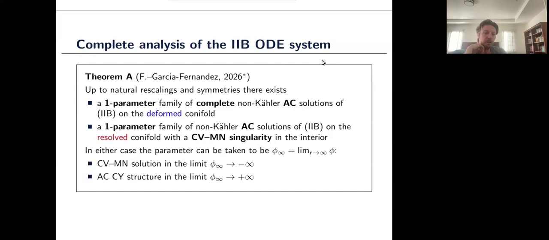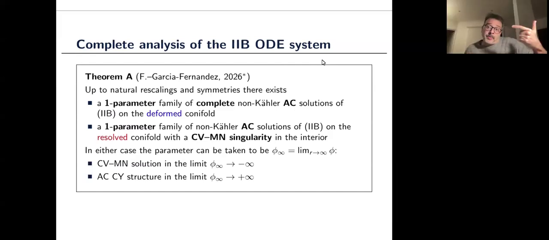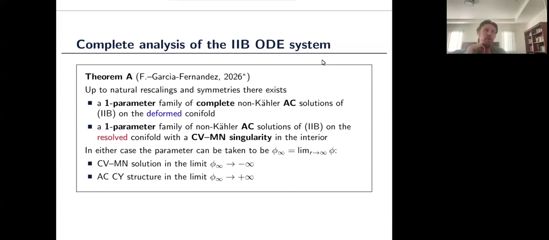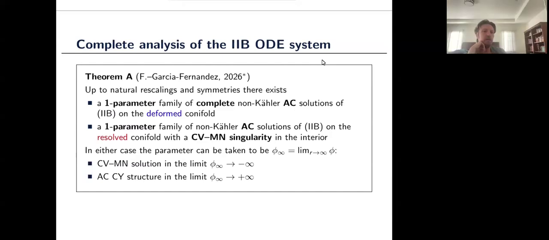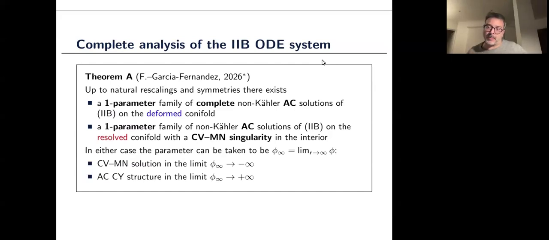And then there's another parameter, which is the expectation value of the dilaton at infinity. And then there's a third parameter, which is the torsion, the cohomology class of the dC omega. But there are symmetries: scaling, and shifting the dilaton by a constant. That's how you're left with one parameter.